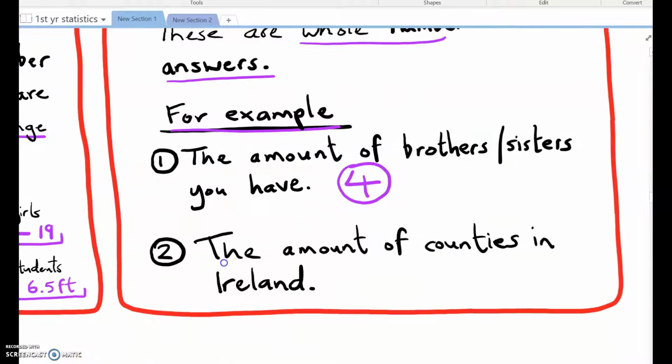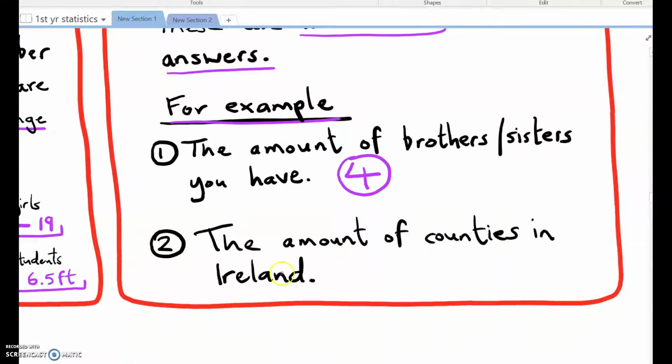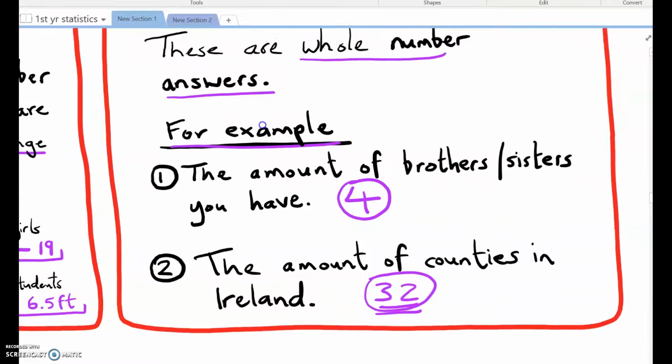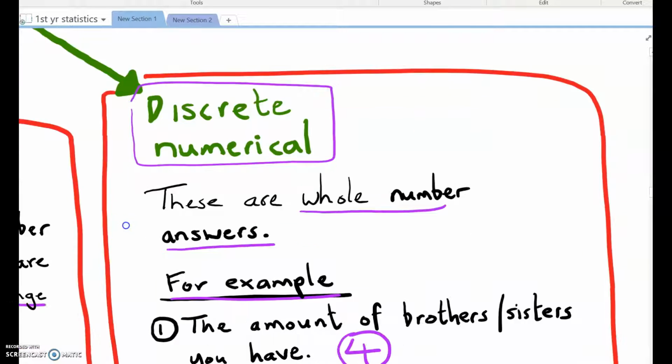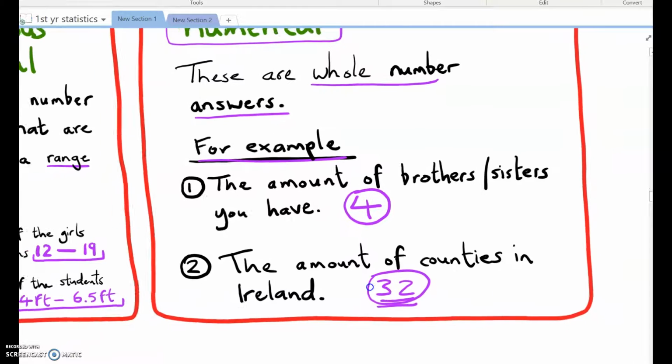Another example would be the amount of counties in Ireland. Well, there's 32. There's not 32.5 or 31.9. There's 32. So this is an example of discrete numerical. A whole number, definite answer.